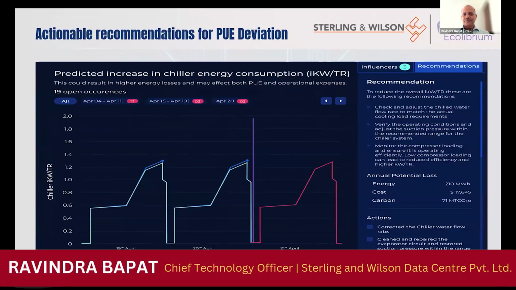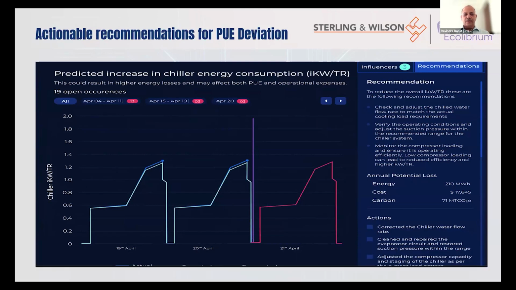And so this is IKW per TR, a term which is very common from the chiller consumption point of view, or chiller efficiency: how much input kilowatt it is using to generate what tonnage.